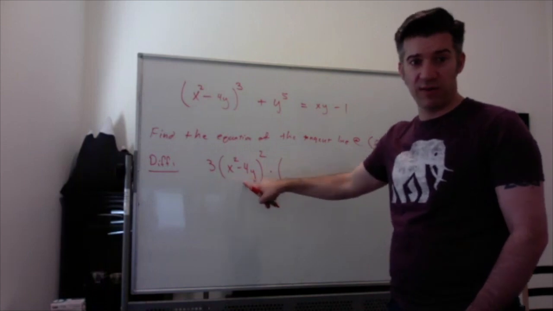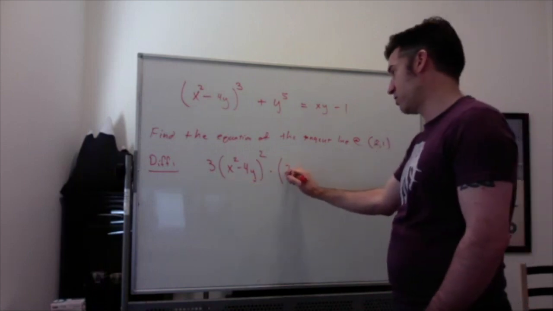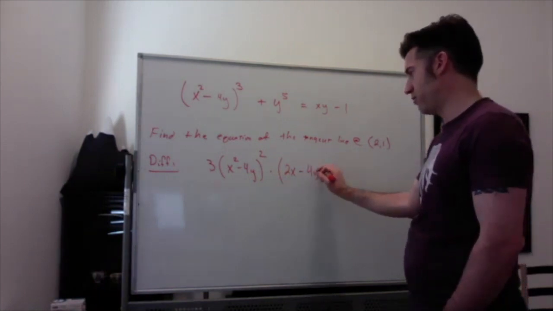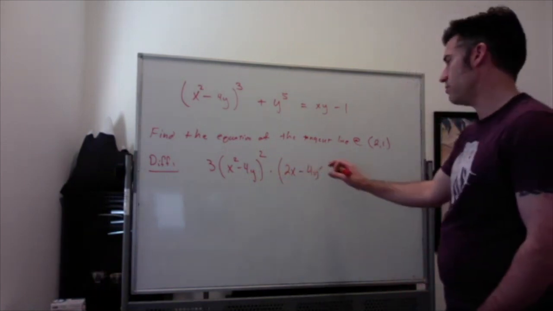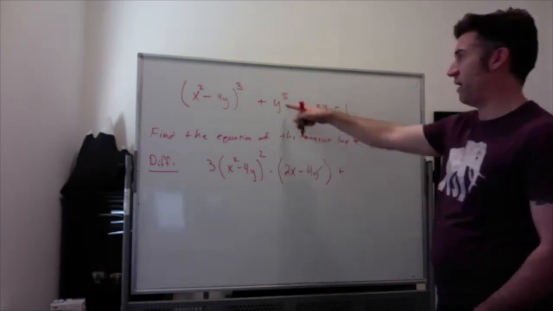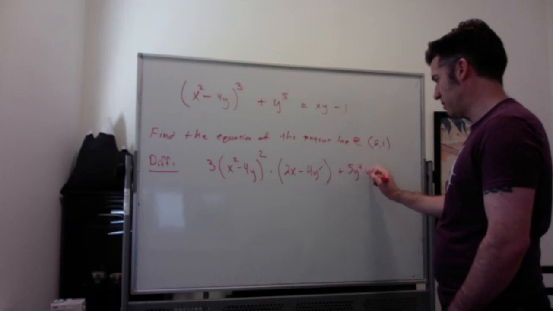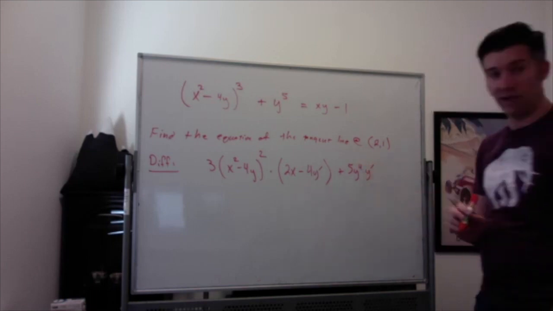So the derivative of x squared minus 4y: the derivative of x squared is 2x, the derivative of minus 4y is minus 4y prime. Plus the derivative of y to the fifth is 5 times my stuff to the fourth times the derivative of my stuff.